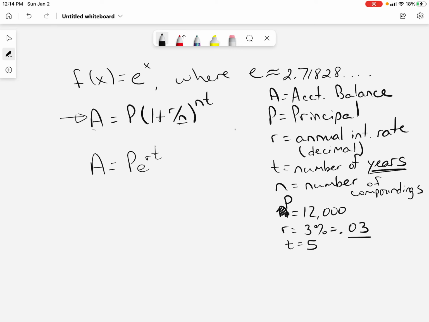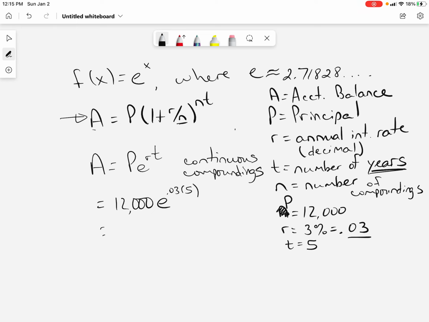The previous one is for n compoundings. This is for continuous compoundings. So here our principal is still the same. We've still invested $12,000. Remember that e is a number, r is 0.03, and t is 5. So you just plug this in and get an answer.